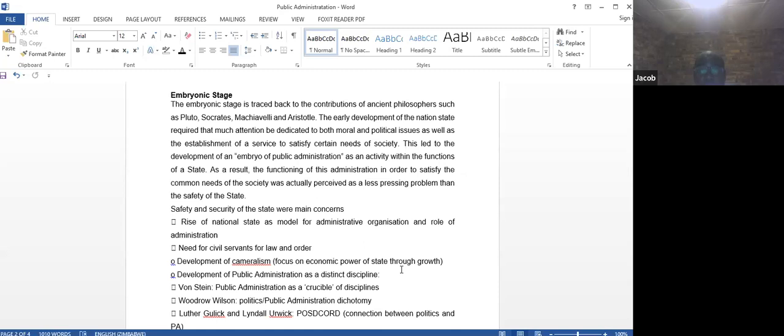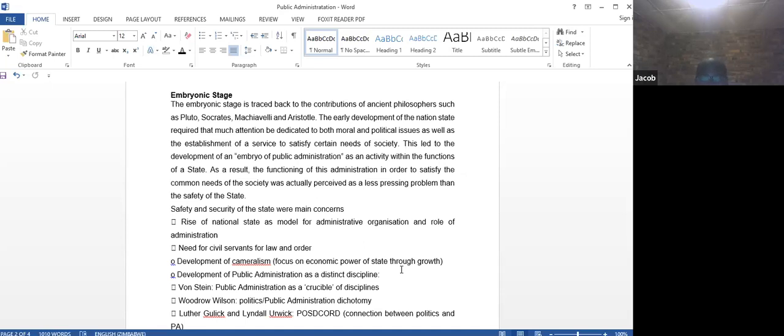That was some of the ideas put forward by the philosophers who came up with the embryonic stage. They said that if we are able to grow the state's resources, we are able to grow the wealth of the nation, and the economy will be strong. But this theory was also disputed. Some economists agreed, some did not agree.